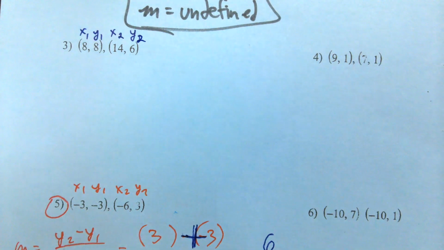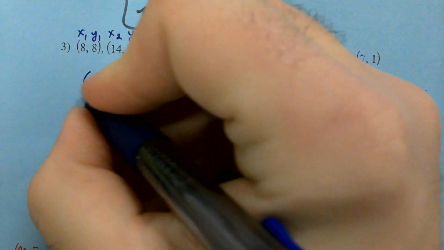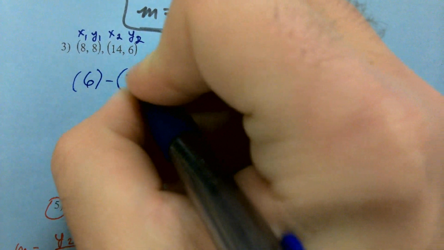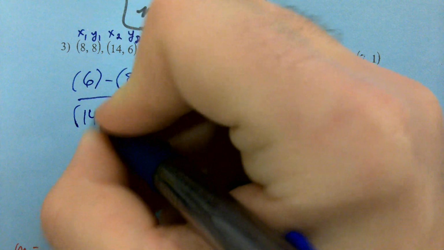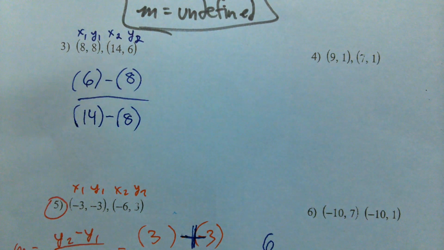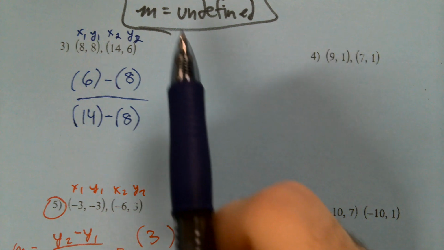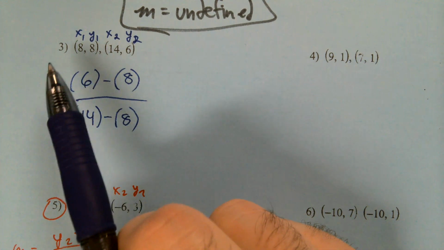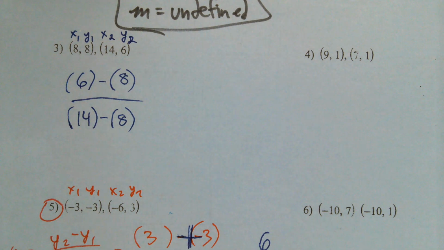That should be y2. y2 minus y1 is 6 minus 8 over 14 minus 8. So this problem is trying to trick you into subtracting 6 minus 14 and 8 minus 8. That's why labeling each of these coordinates is super, super important. What is 6 minus 8 on the top?